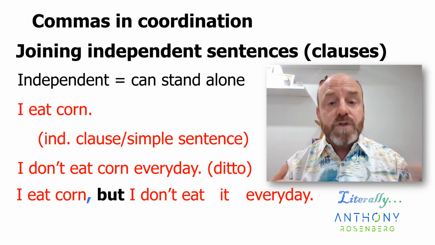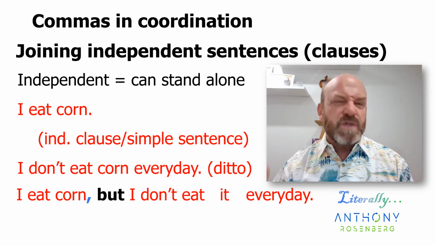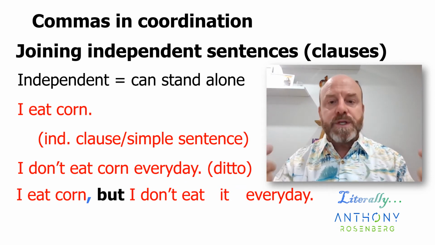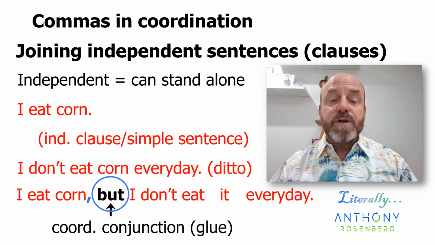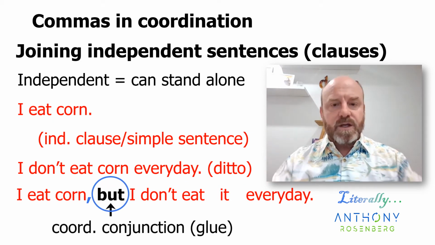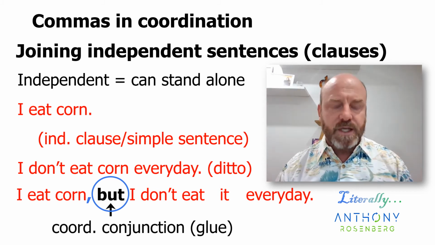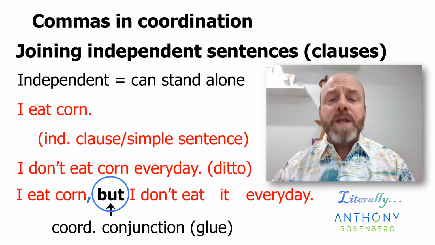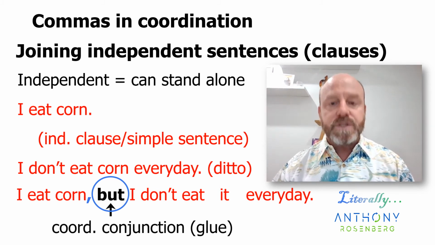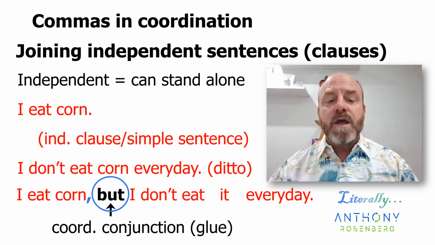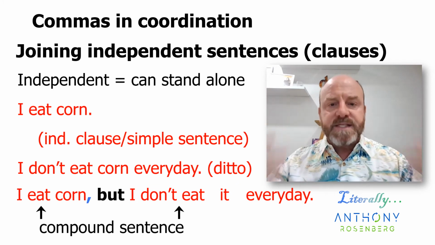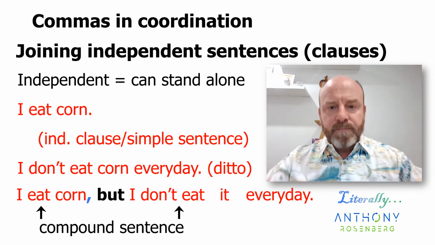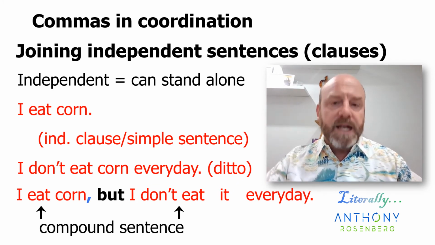And we have two independent clauses, two simple sentences being joined by a coordinating conjunction, but, which we're going to refer to as glue. It's the glue that joins our independent clauses together. It's wonderful. When you join independent clauses or simple sentences together, you create what's known as a compound sentence. So compound has the idea of things joining or accumulating, let's say.